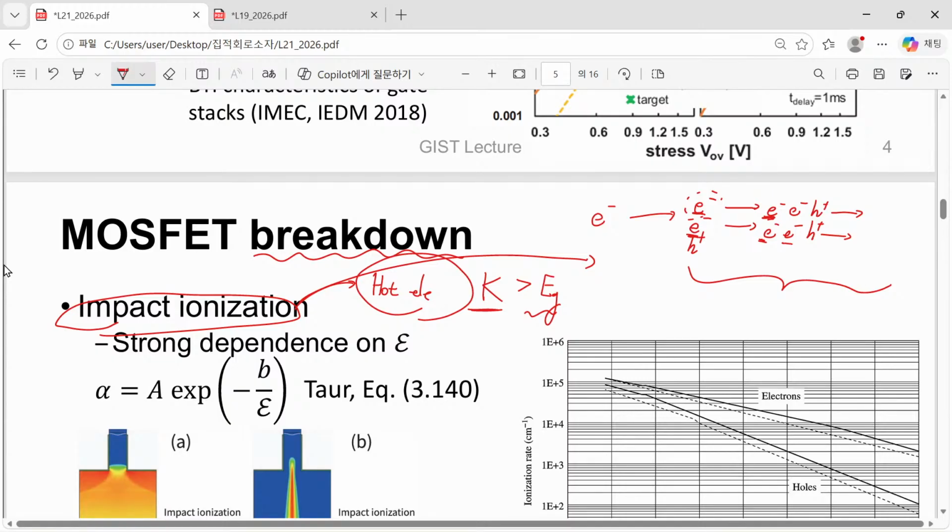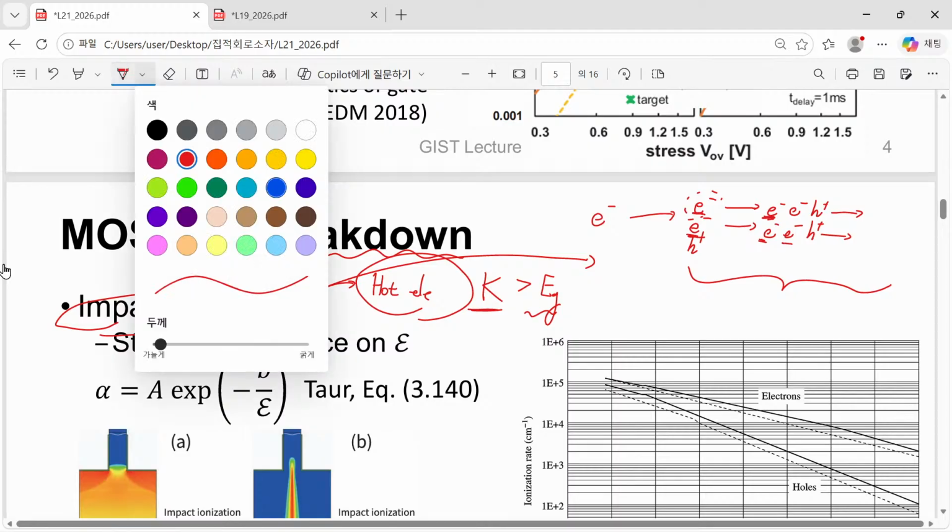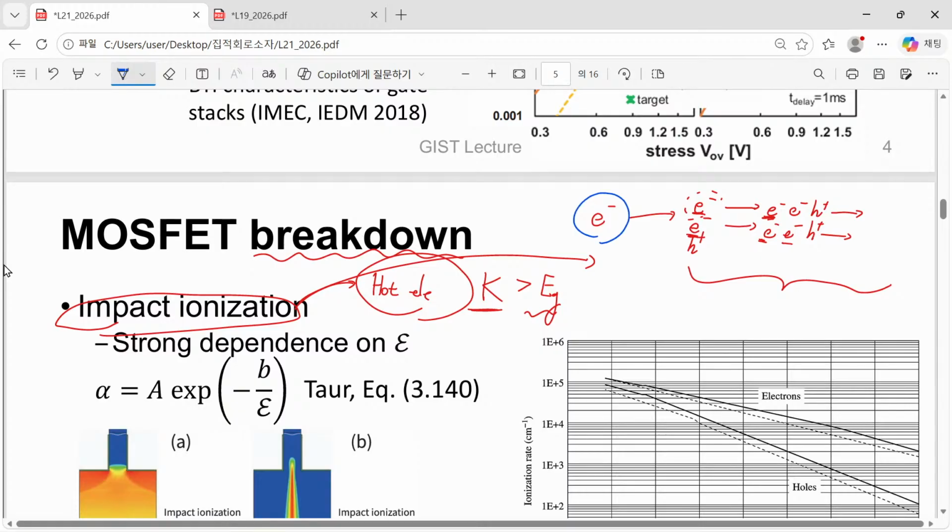Of course, you should ask this question. Yes, once an electron becomes hot, this is quite a rare case. We have a small probability of having a hot carrier. Although we have two electrons, not 100% of them become hot, so there are also small chances for our electrons to become hot.